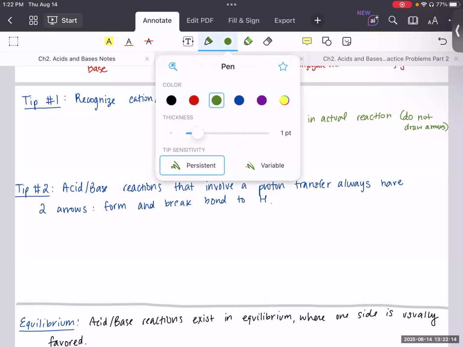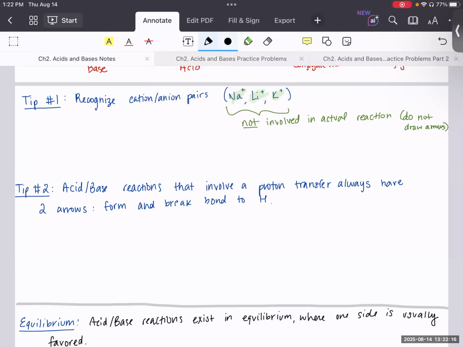So let's say that you see something like this. You're given this reagent. What I recommend is to just redraw. I'm going to just quickly erase that.